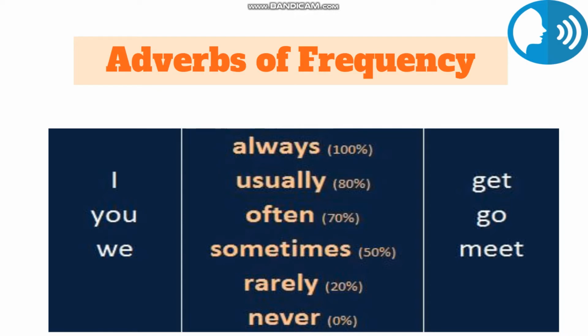Generally is an adverb used when the action happens more often than not. Occasionally or sometimes is the adverb when the action happens less often or not that often. Or never. Never is an adverb when the action doesn't happen at all.